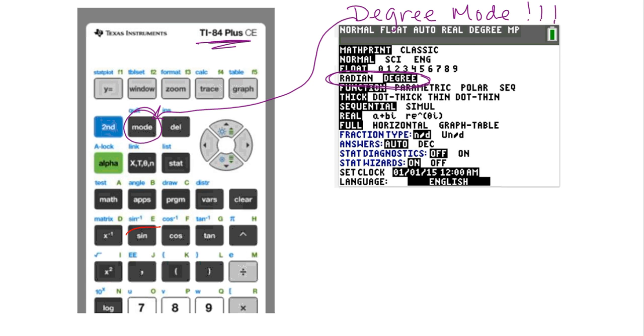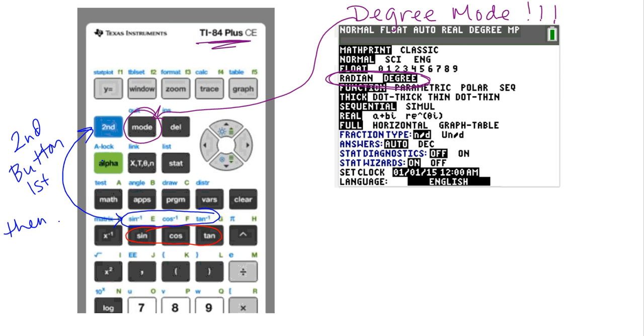And then for regular trig functions, hopefully you found these already. They're right there. But for inverse trig functions, they're right here. And you have to push the second button first.